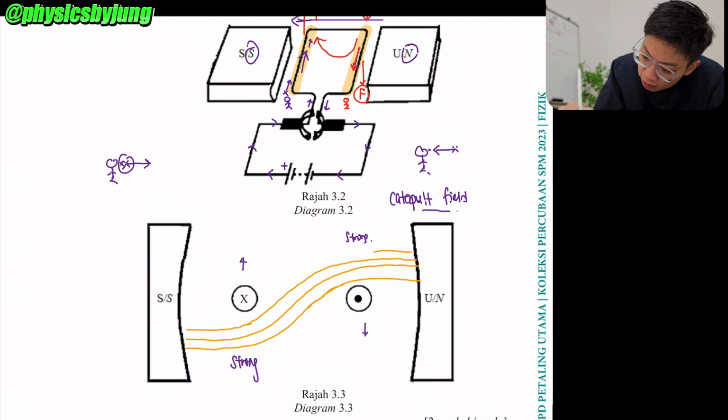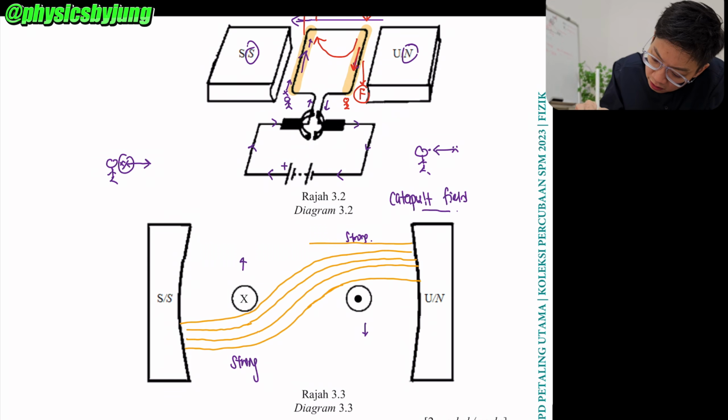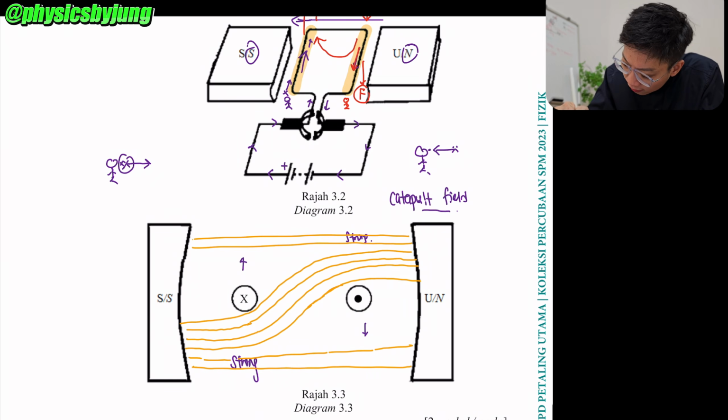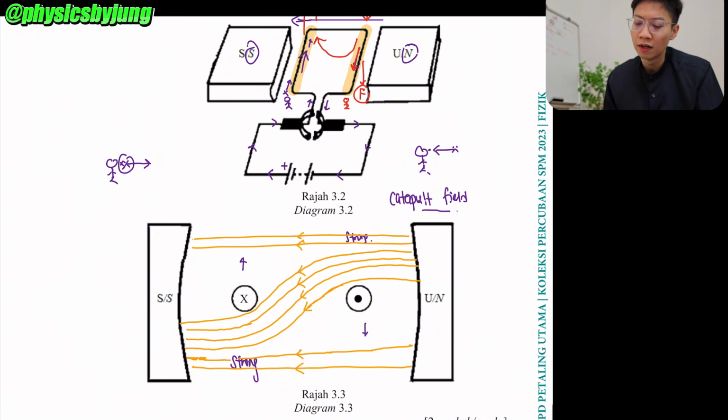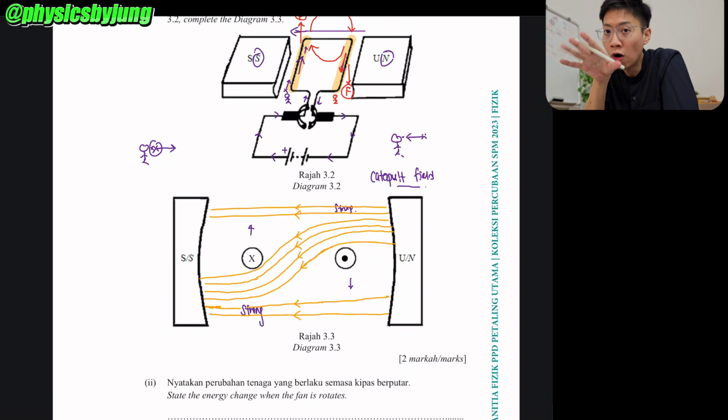So here you can draw one more line like this. So there are 4 lines. And then here you draw maybe 2 lines. Here you draw maybe 2 lines. Okay guys, because I want to do this fast, sometimes my lines will be broken, okay? But make sure you don't draw broken lines in your exam. And your lines cannot touch each other. So therefore, this is what we call a catapult field. Alright. For more on the catapult field, maybe I will say this in a future video.